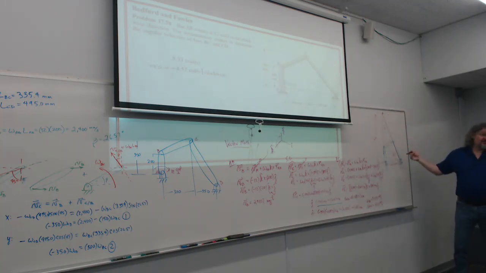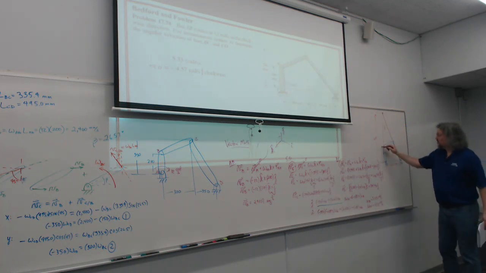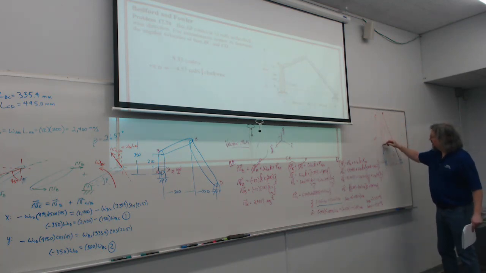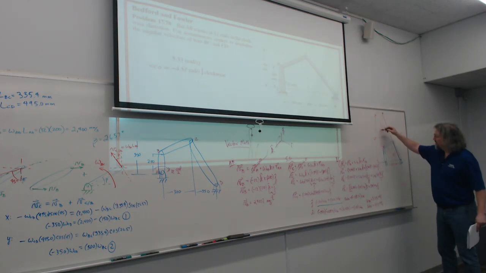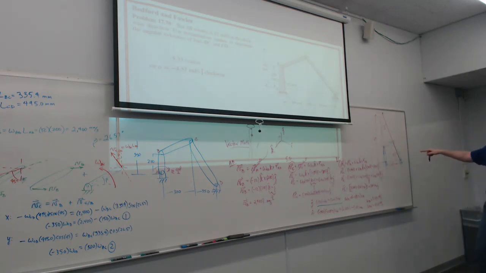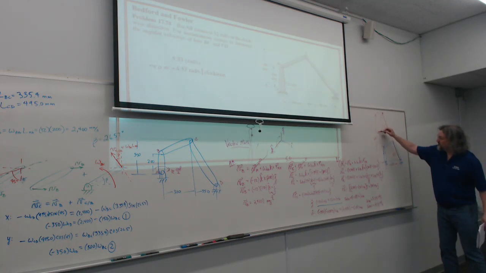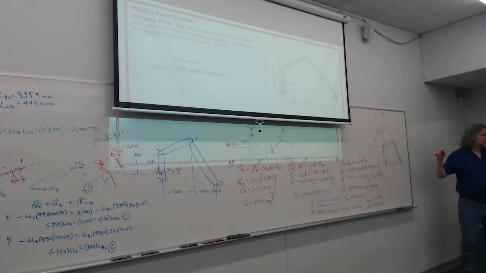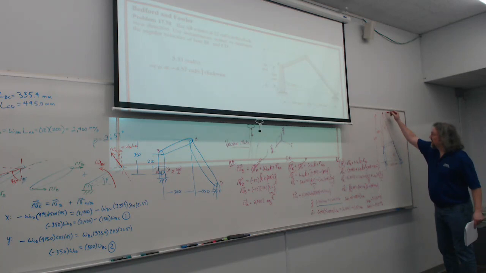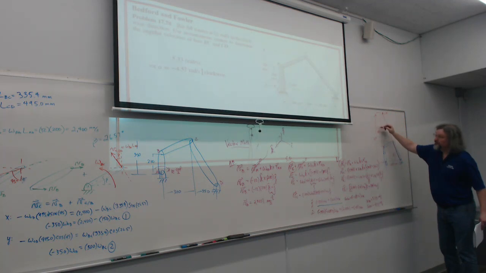So this leg right here is going to be 650 minus 200, or 450. And by the way, this is my ICR, even though it doesn't look like it. This is my R of B with respect to ICR.